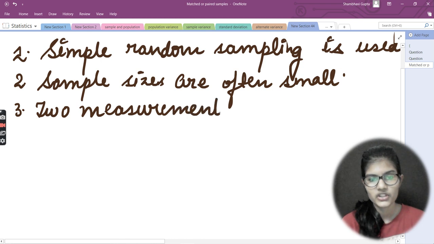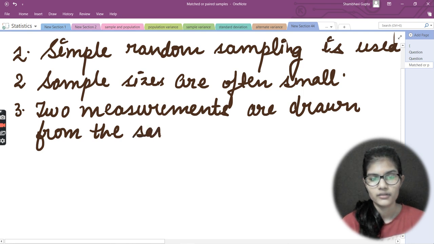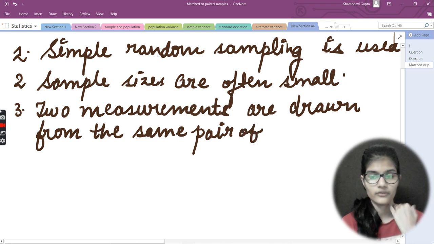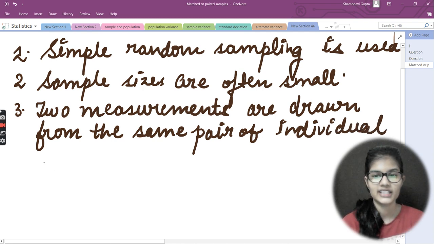Then we have two measurements, or you can just call it two samples. Two samples are drawn from the same pair of individuals or objects.